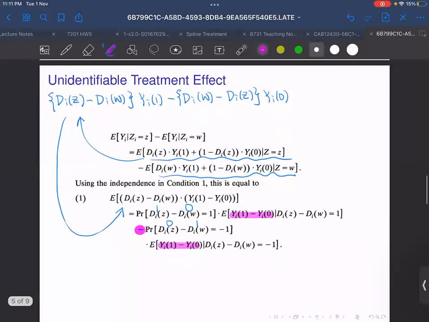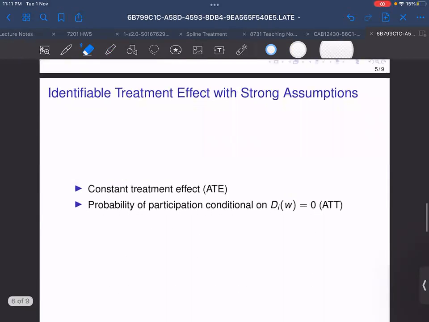So in order to have some meaningful interpretation of this difference, and then link this difference to treatment effect, we actually need to impose even stronger assumptions. And I will show you what assumptions we are making here. So one possible assumption is to assume constant treatment effect for every single individual I. That's a very, very strong assumption.